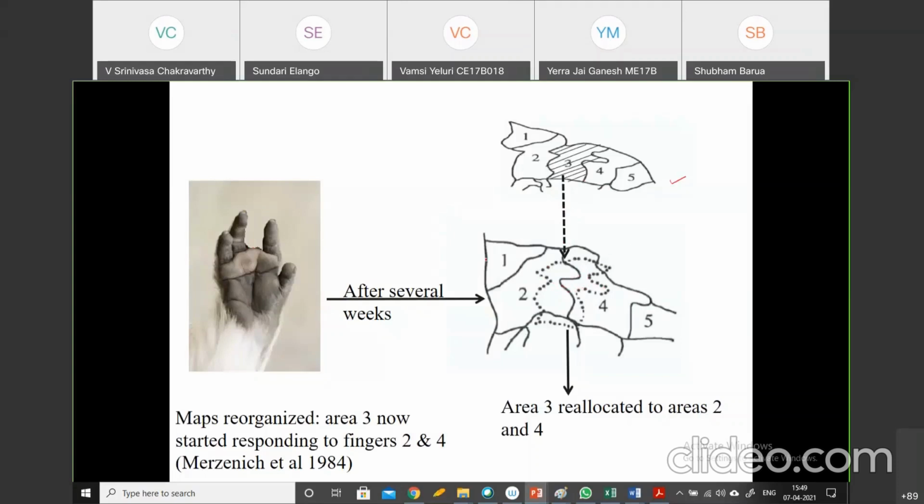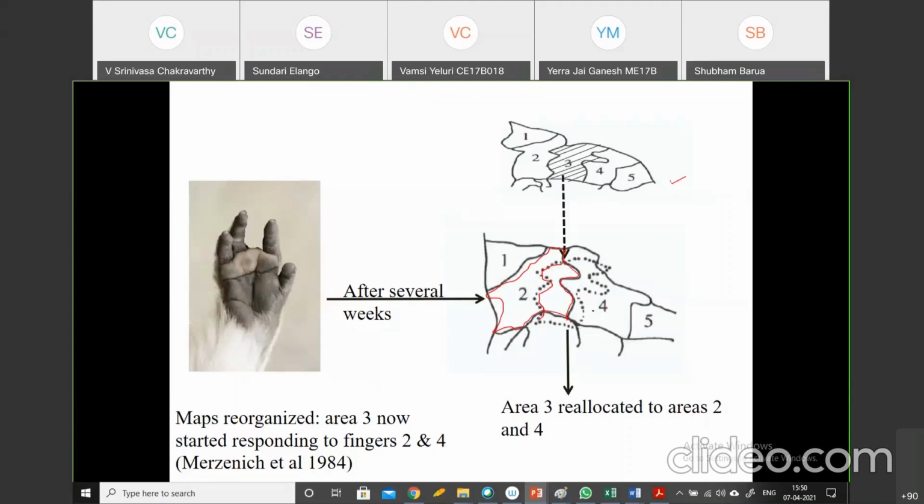Now when they stimulated the thumb, area 1 responded, and there is not much change in area 1. But now area 2 has changed a lot. When you stimulate the index finger, the boundary of area 2 was like this originally. Now that boundary has expanded and the new boundary is like this. So area 2 is now quite big. This whole thing is now area 2.